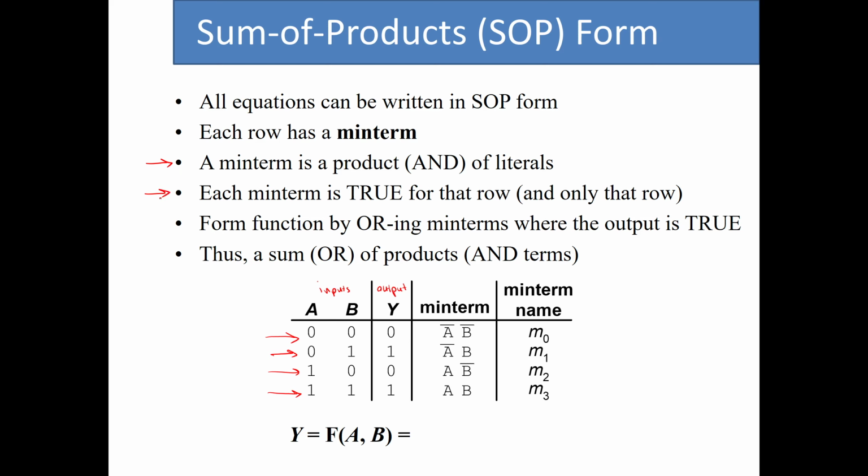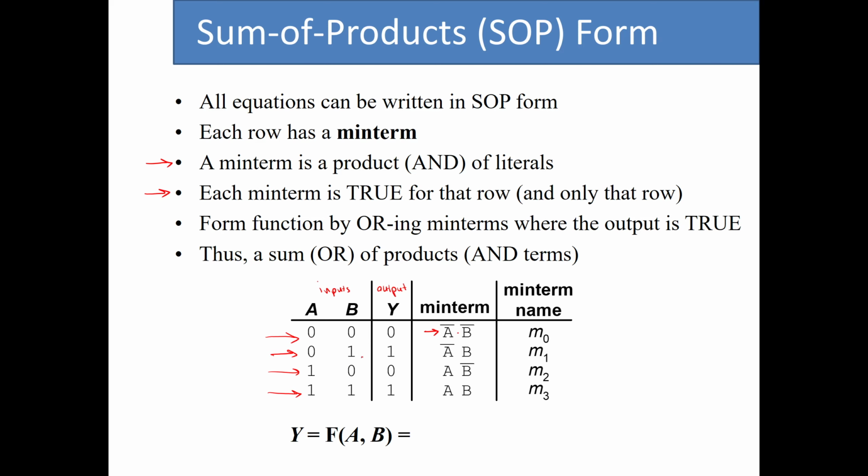Because each minterm is true only for that specific row. Let's see how this works. For the first row, A is 0 and B is 0. We say that the minterm associated with this row is A bar multiplied by B bar, or A bar and B bar. We say that this minterm is only true for this row.